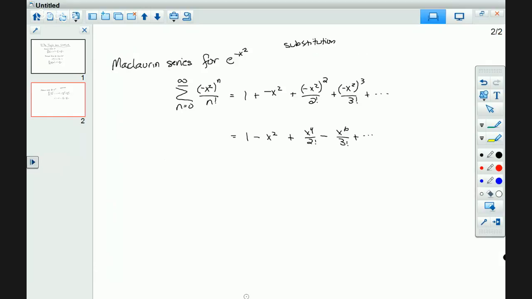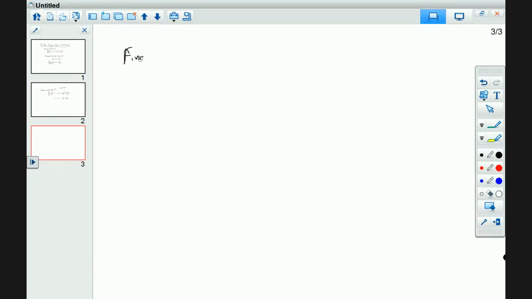Okay, we can find series by integration as well. This is where it becomes most useful. Let's find the Maclaurin series for f of x equals the natural log of 1 plus x. This is one of our memorization ones, right? Yeah, okay, so if you want, you don't have to memorize it.